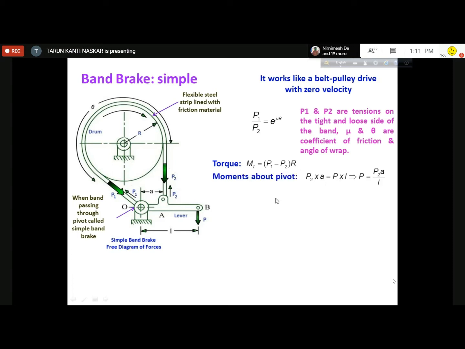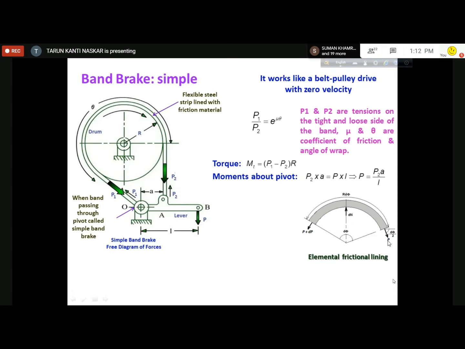Now taking moments about the pivot, P2 multiplied by A equals P multiplied by L, and from this P equals P2A by L. Now considering an elemental friction line.